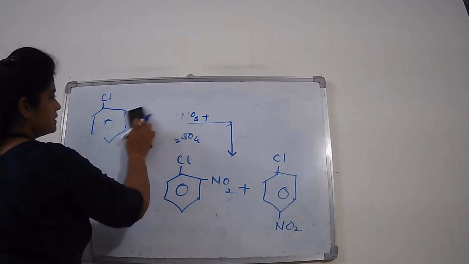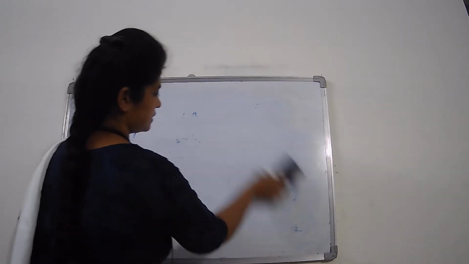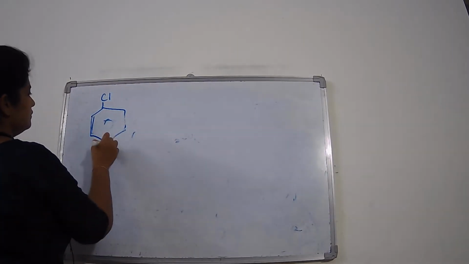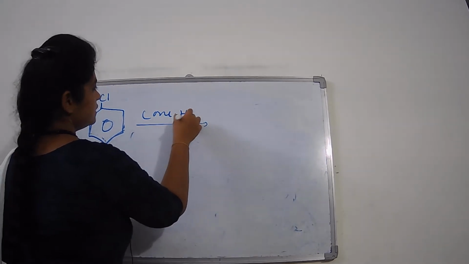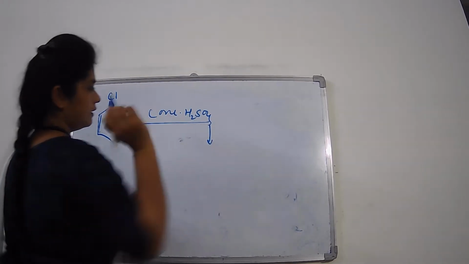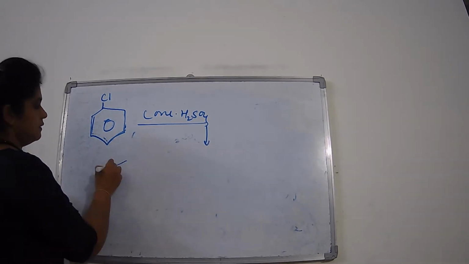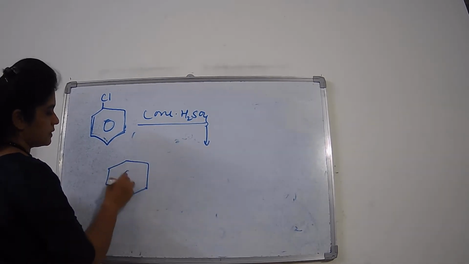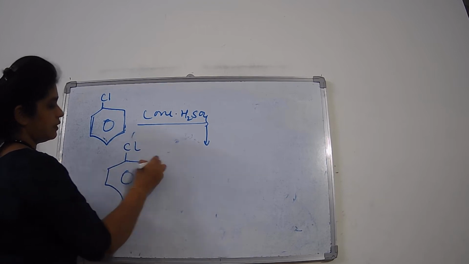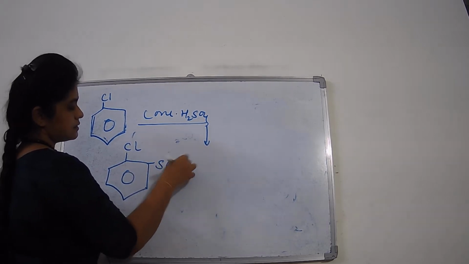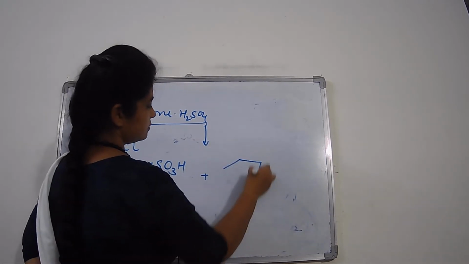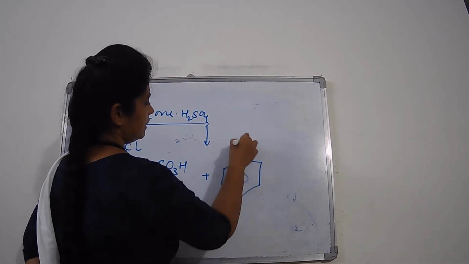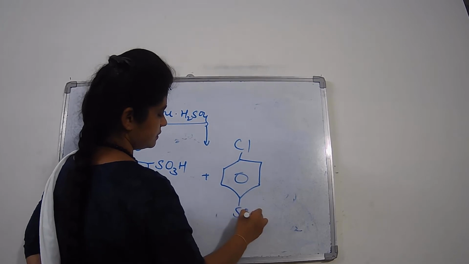Then the next one is the sulfonation reaction. In the sulfonation reaction we take sulfuric acid. So it reacts with concentrated H2SO4. Again it forms two products, where substitution of SO3H takes place at the ortho position in one product and at the para position in the other.